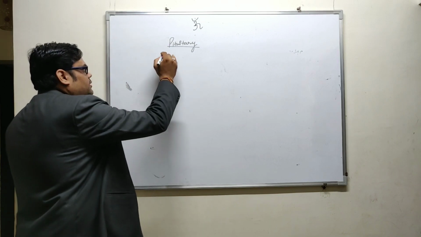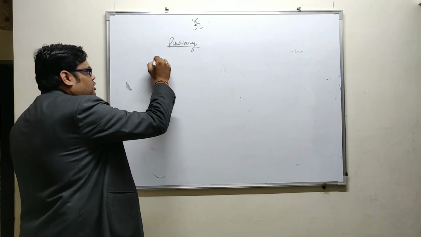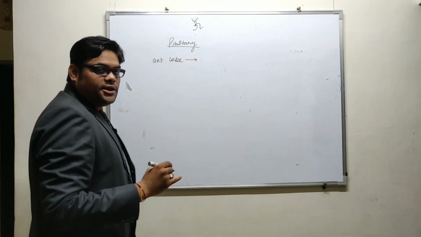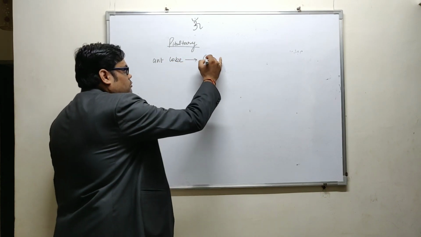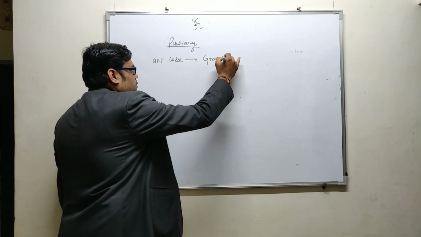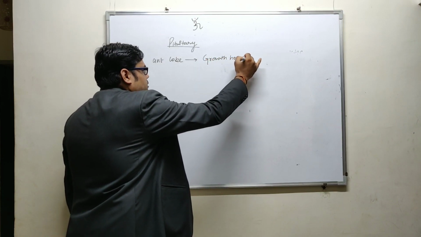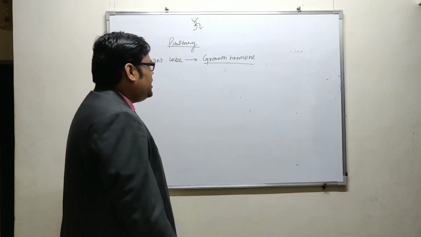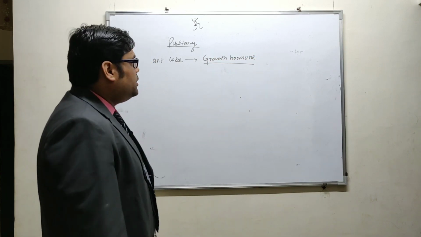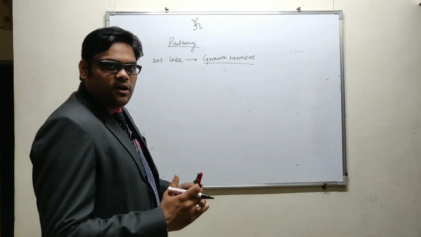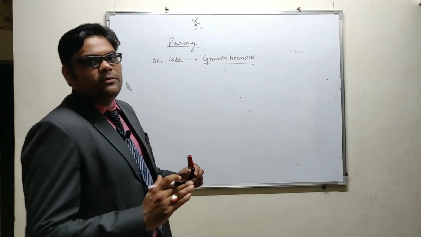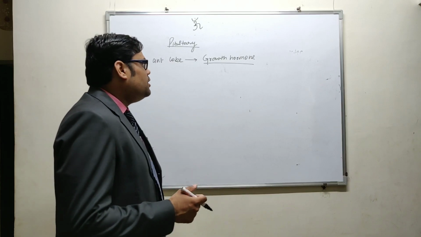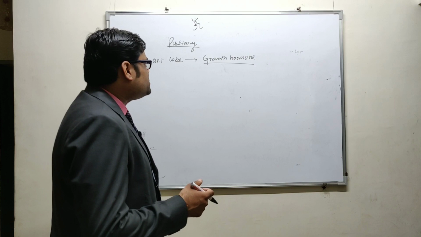For example, the anterior lobe of the pituitary secretes growth hormone. This growth hormone basically enhances the physical as well as the mental growth of children and human beings.